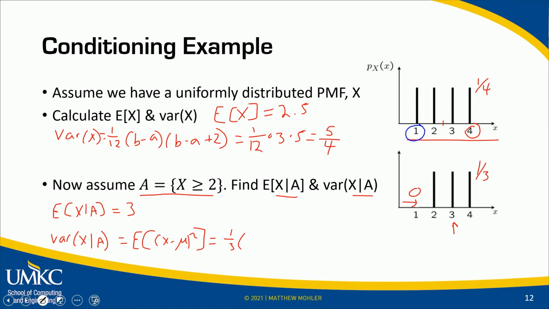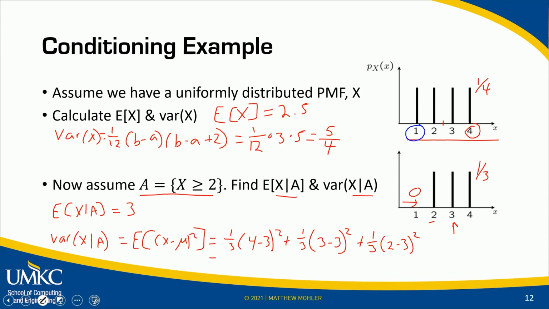We'll start with 4 and say that this is 4 minus 3 quantity squared, plus 1/3 and we'll look at our next value, 3, so 3 minus 3 squared. And then finally 1/3, the probability of this last event, and we'll say that that is 2 minus 3 squared.